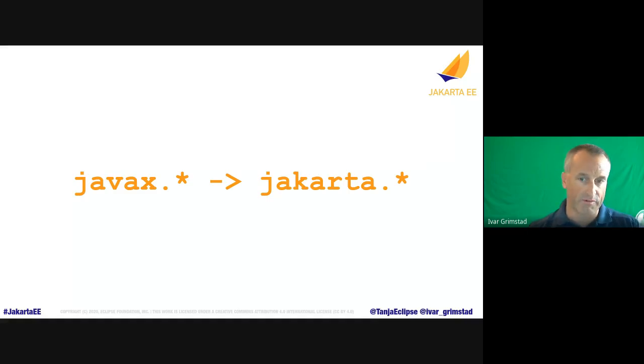We want to make the migration easy. If we added a lot of technology, you wouldn't be sure if any bugs you got were due to the namespace change or to the technology itself. So we take a proven platform, Jakarta EE 8, and move it to 9, where we basically do the javax to Jakarta namespace change, and that's it.